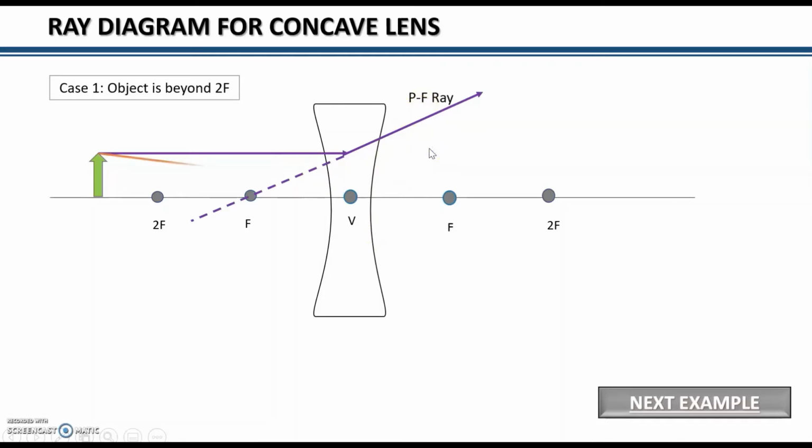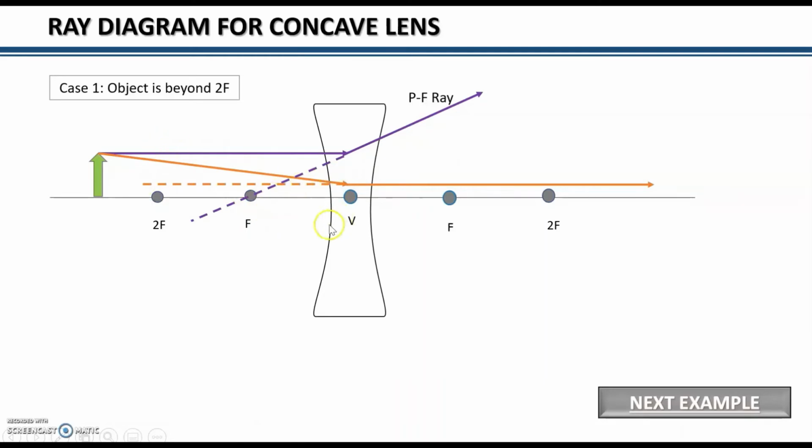The second ray is a light ray that is passing through F. If we extend this light ray here, it seems to pass at F, but it stops there at the center and goes straight parallel to the principal axis, and you can extend it backwards like that.